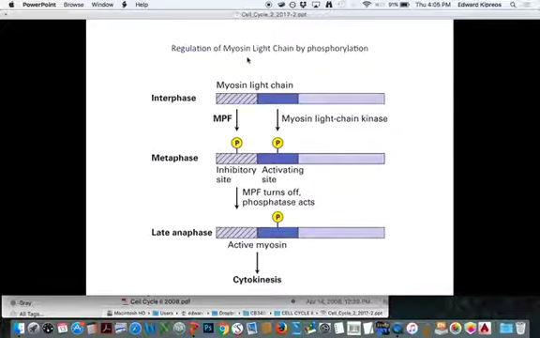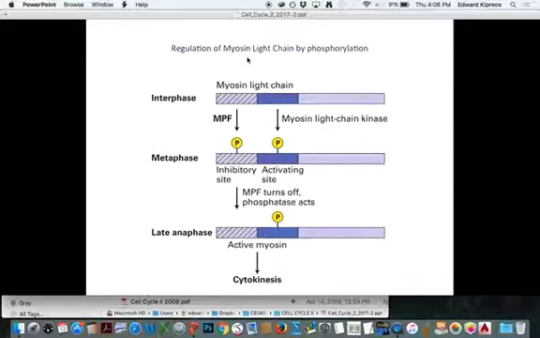So here's myosin light chain, the regulatory subunit. It has an activating phosphorylation site, but it also has an inhibitory site that keeps it inactive, and that's phosphorylated by MPF, mitosis promoting factor, maturation promoting factor, CDK1 cyclin B. It's all the same thing: the CDK complex that's driving mitosis. It phosphorylates the light chain and keeps it from working.